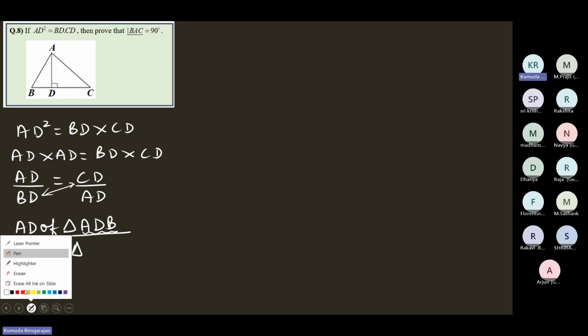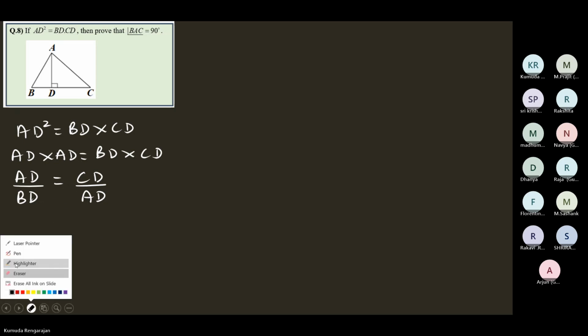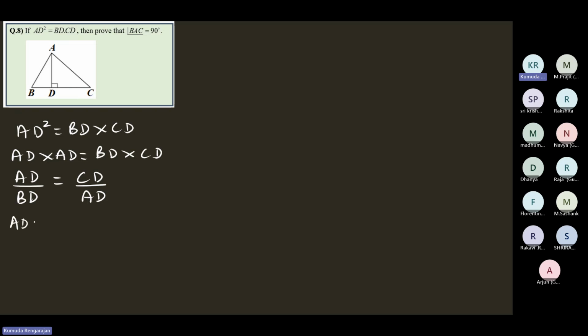So we'll have to change. Because BD is only of triangle ABD, we'll just write the numerator as ADC. AD belongs to both ADB and ADC. We wrote ADB, but the denominator BD is also of the same triangle, so we write AD of triangle ADC, because we wish to have different triangles in the numerator and the denominator.